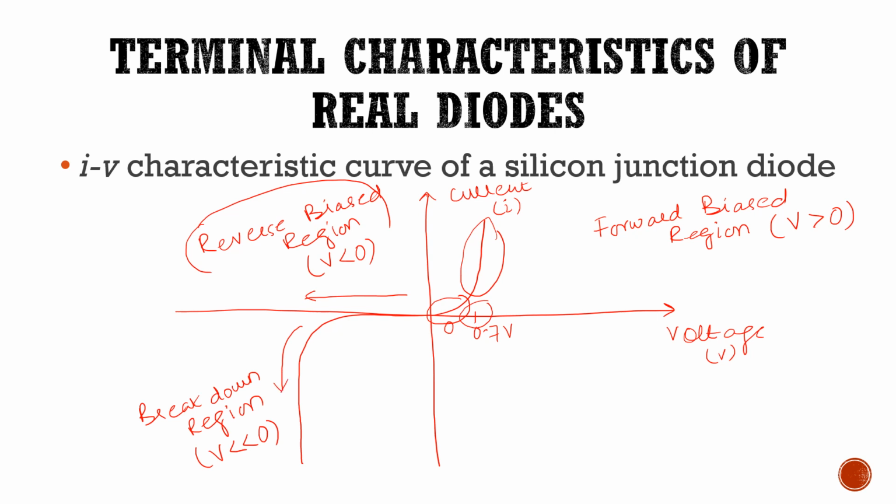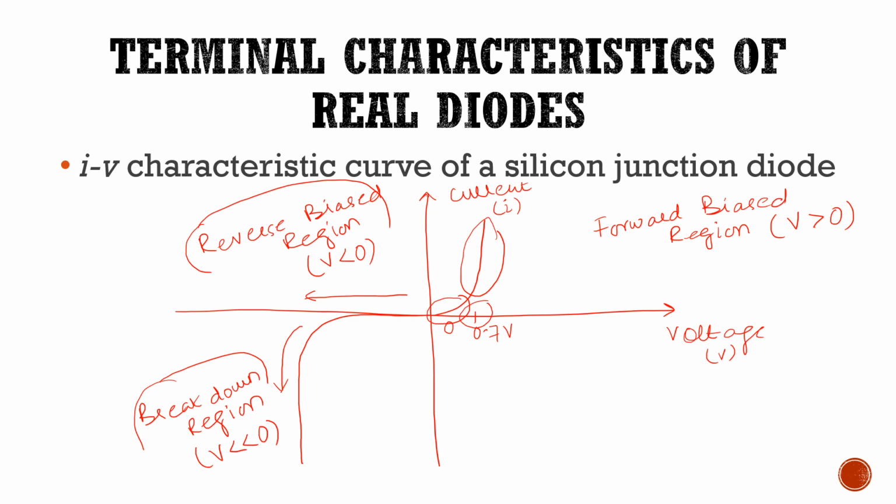This is the off mode of diode. Now, what happens in this breakdown region? When the voltage applied across the diode is very large and negative, lots of current will be able to flow in the reverse direction from cathode to anode. So this is the breakdown region.